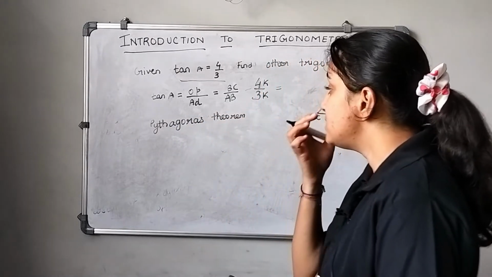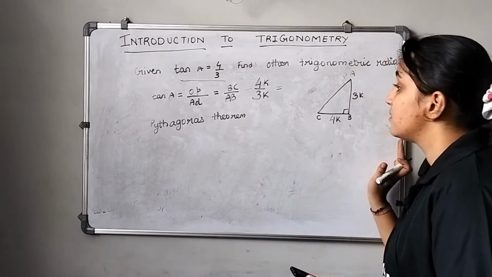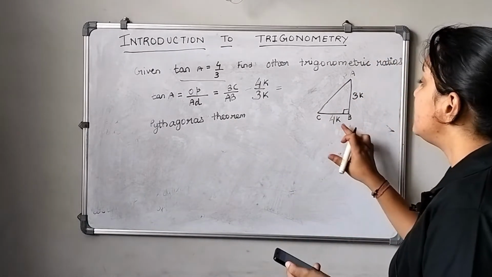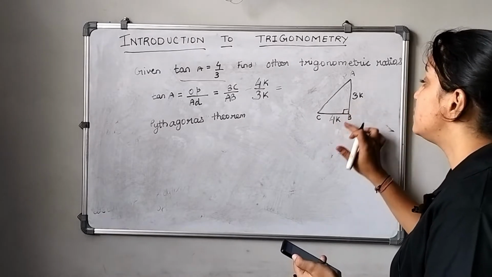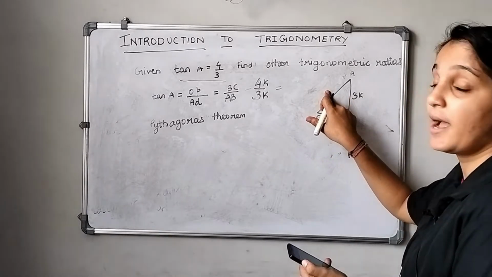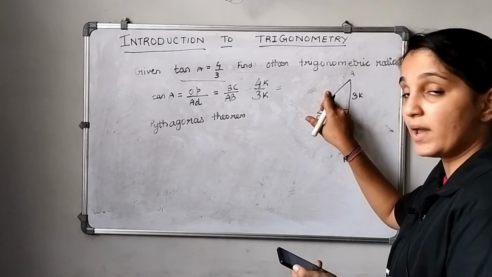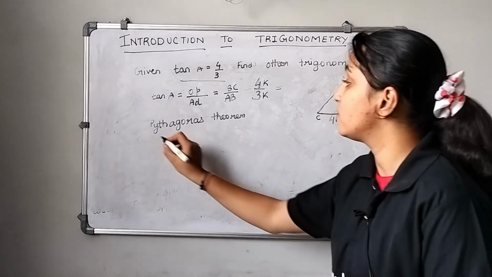Now, what does the Pythagoras theorem say? It says that the sum of the squares of the two sides is equal to the hypotenuse side square. So I'll write this by Pythagoras theorem.